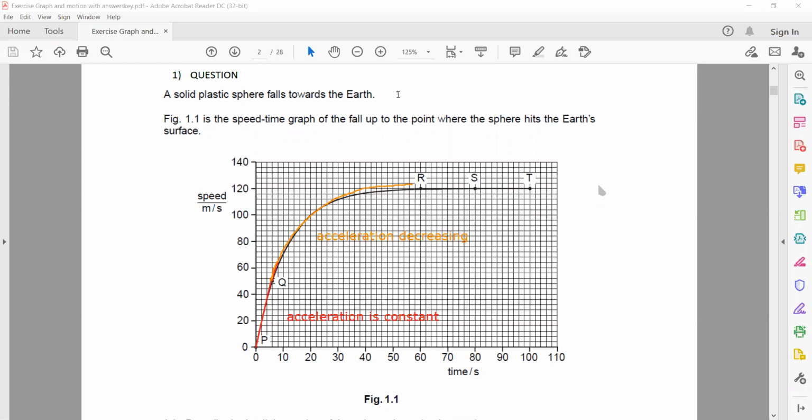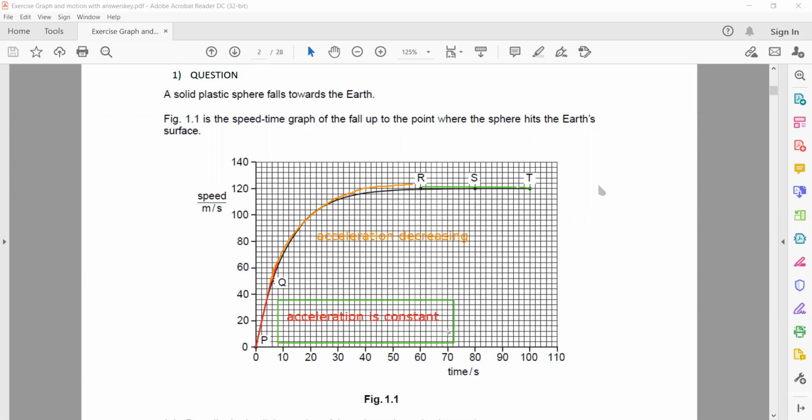And moving from R, S and T, because it's a straight line, it means it is having a constant speed, and here no speed is increasing. Abdullah, in this first part, acceleration is constant, speed is increasing.